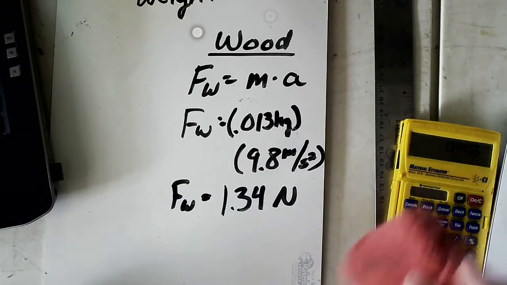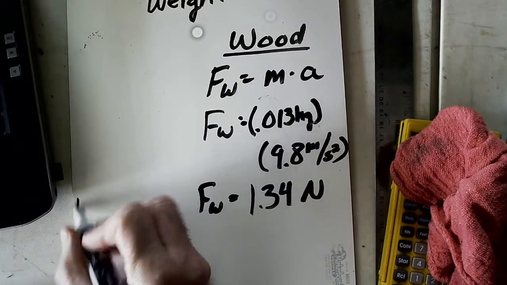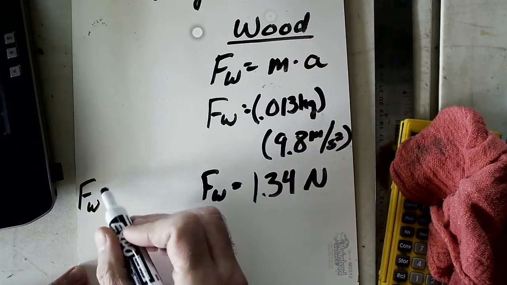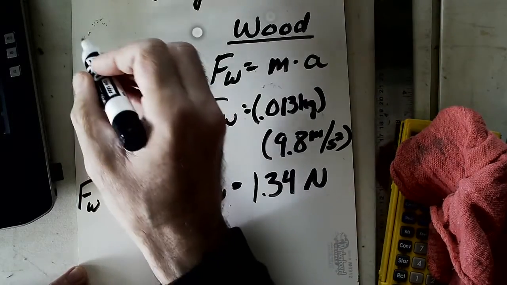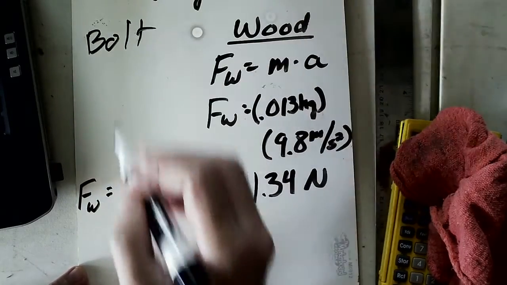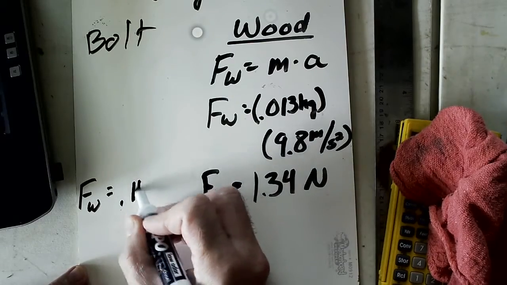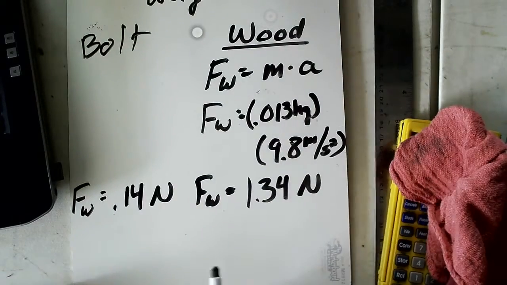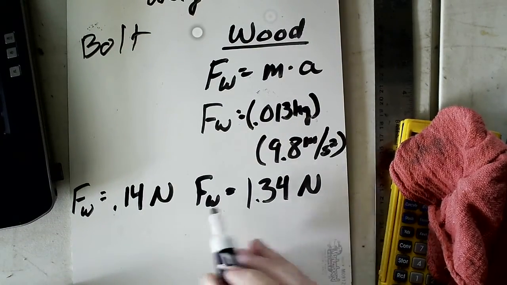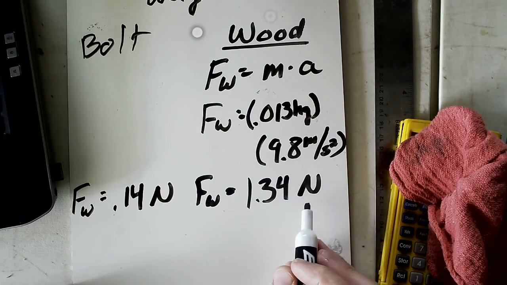Okay, now I want you to look at this real quick. The force, or the weight, of the bolt was 0.14 newtons. Okay, the weight of the block is 1.34 newtons.